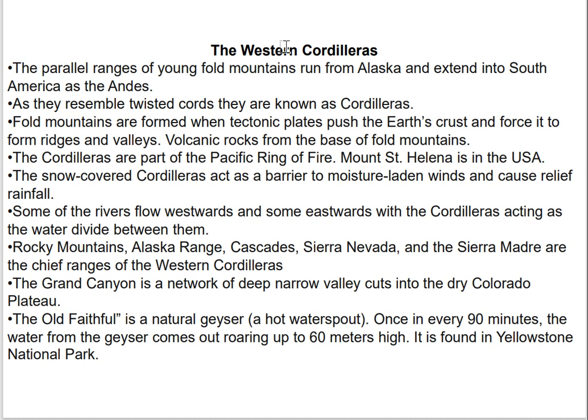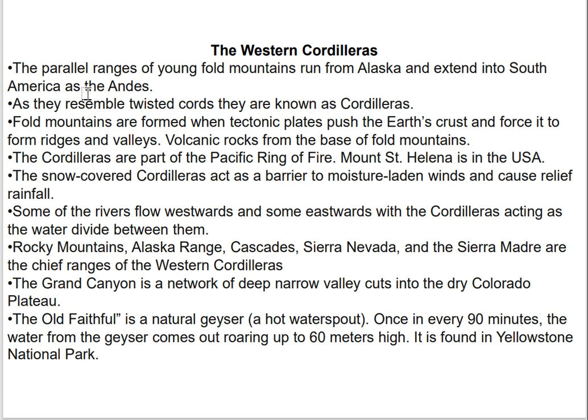Next, the Western Cordillera, the parallel ranges of young fold mountains. These mountains are formed due to plate tectonics, when the Pacific plates, or the oceanic plates, collide with the North American plates.